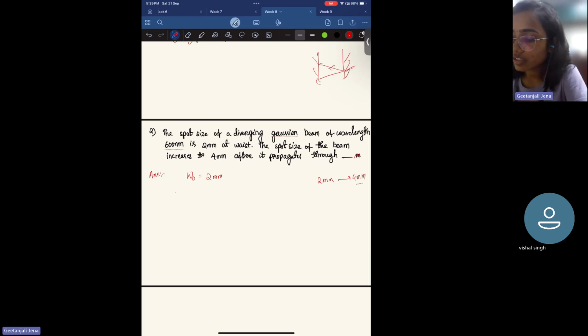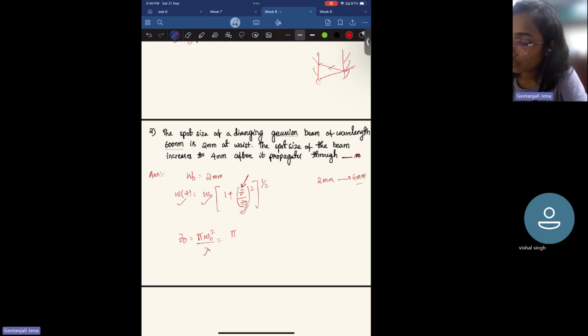So if you recall the relation, W(z) is given by W0 times square root of 1 plus (z by z0) whole square. So it is asking about this z, and all these three are given, but we don't know z0. z0 is the Rayleigh range. If you recall, z0 is given by pi W0 square divided by lambda.